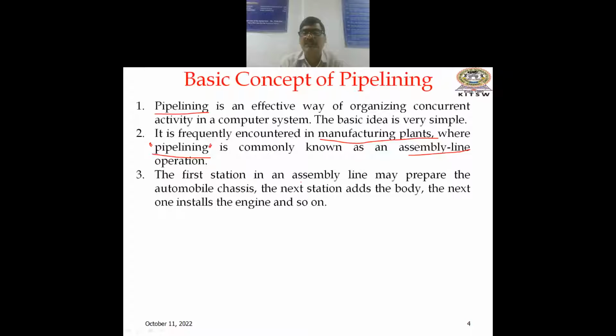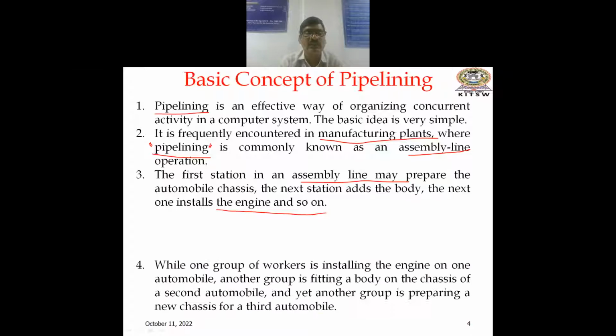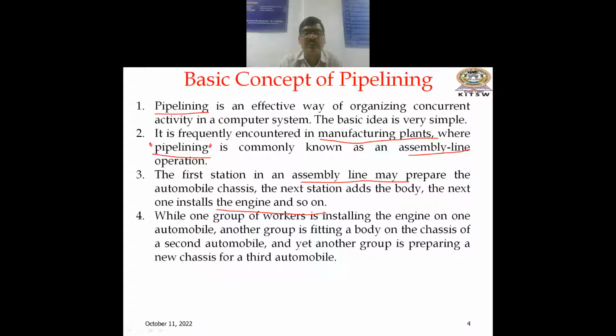Generally, the automobile assembly line will follow different stages. In the first stage, the automobile chassis will be taken. In the next stage we will add the body, and in the following stage the engine will be installed, and so on. One group of workers is working on one particular stage. For example, one group of workers is installing the engine on one automobile, another group of workers is fitting the body on the second automobile, and so on.